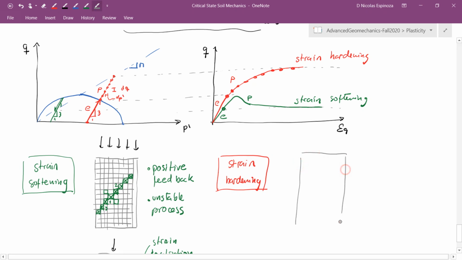Let's consider a material made of strain hardening blocks, which I'm going to divide into a grid. And similar to what I did before, I'm going to load it to failure.